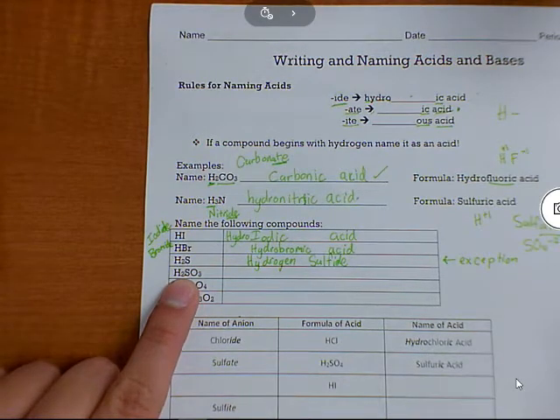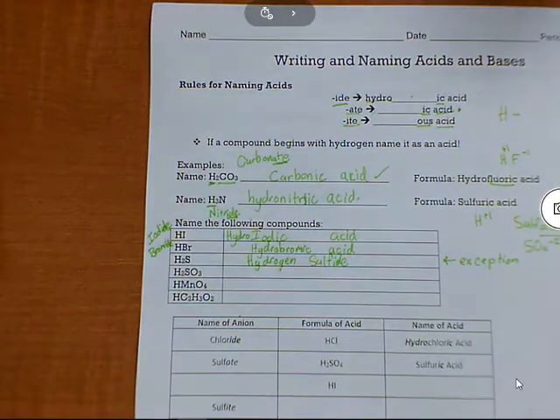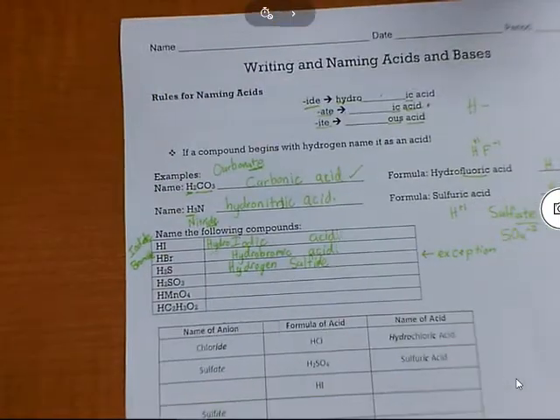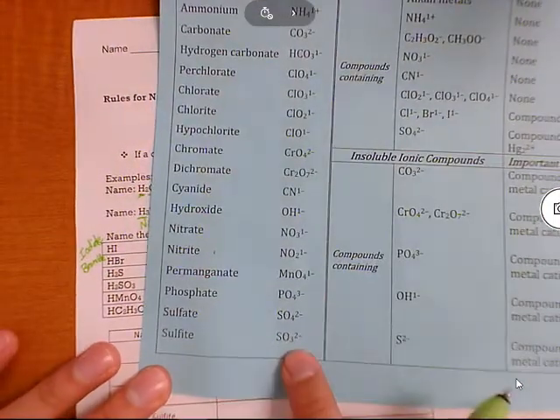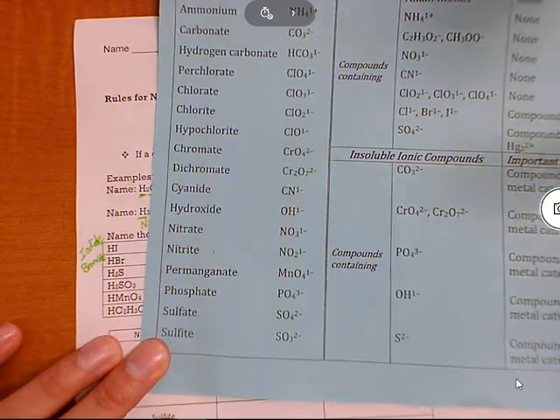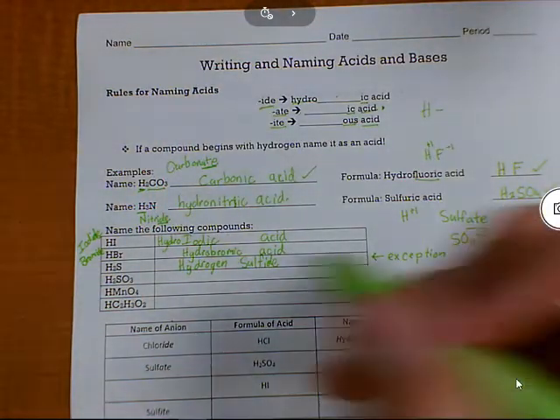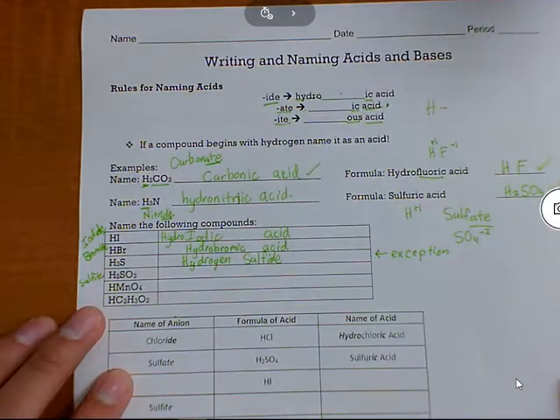Let's keep going. H2SO4. This is an acid. SO3, that is a polyatomic ion. We need the blue sheet for that one. SO3, right there. Sulfite. That's what it's called. So this one's called sulfite.